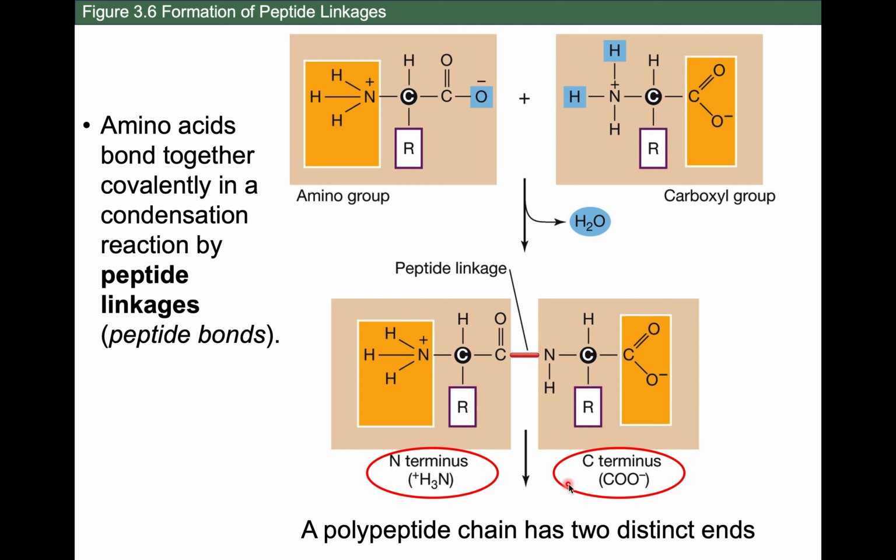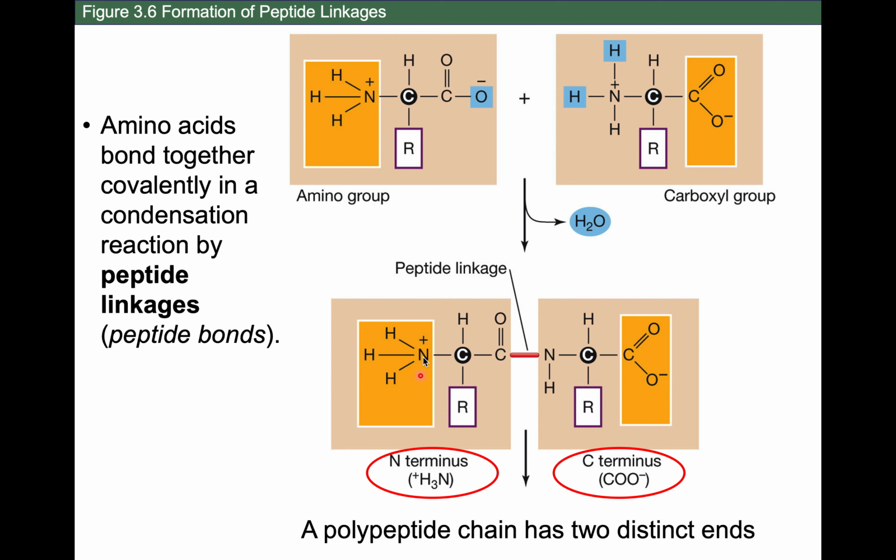And I also wanted to mention here, the 2 different ends of a polypeptide, right? So here we have a very short polypeptide, just 2 amino acids, but this would be the same if you had 1,000 amino acids linked together. The 2 ends are going to be distinguishable from each other just based off the chemical groups that are kind of hanging off each end, right?